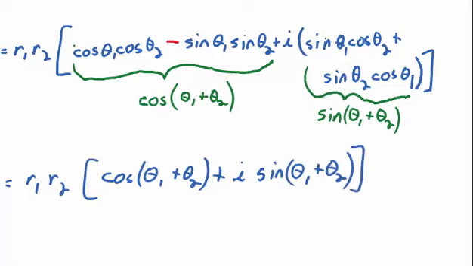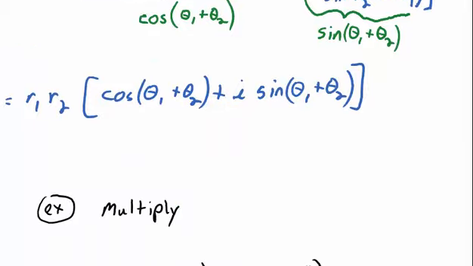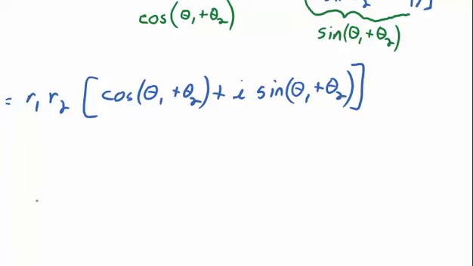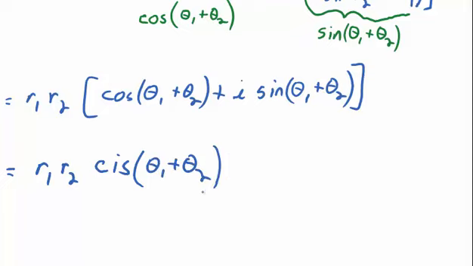And it did clean up, but you may not realize the beauty of this formula right off the bat until you put it in cis notation. Because what is this in cis notation? R1, R2, cis, theta 1 plus theta 2. So what is this saying?